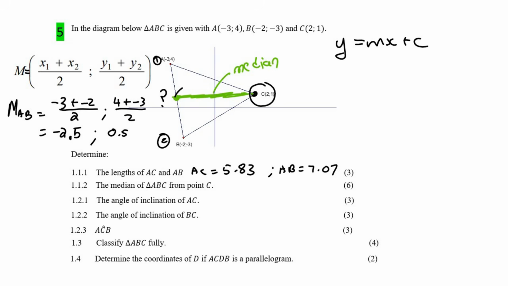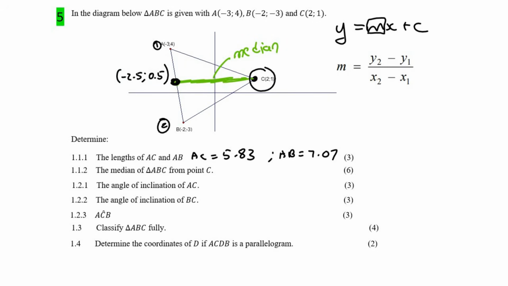So now we can easily find the equation of the median because we can work out the gradient by using the gradient formula. And so I'm going to keep it as point number 1 and point number 2. And, oh no, we don't want the gradient of that. My bad. We want the gradient of the green line. So let's call that point number 2, and we can call that point number 1.